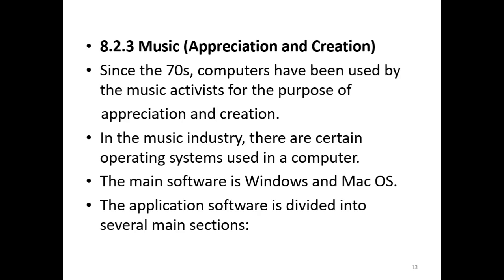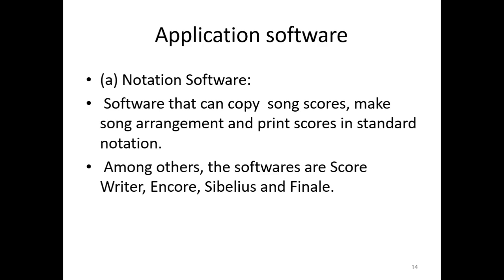And in the music industry, there are certain operating systems used in a computer, and the main ones are Windows and Mac OS, and we call the application softwares. The software is divided into several main sections when we talk of application software. So these are the application softwares we are talking of.